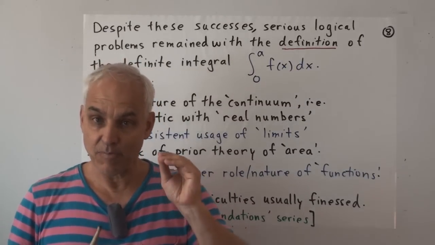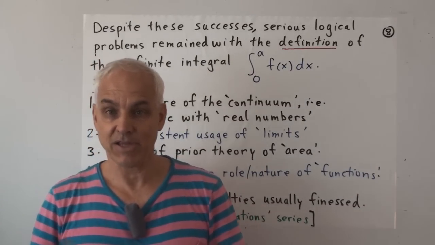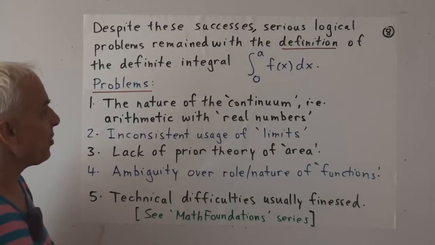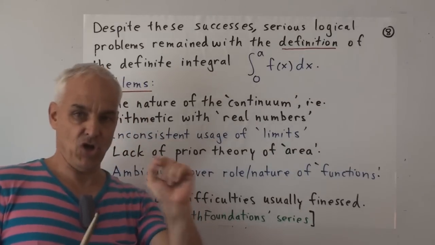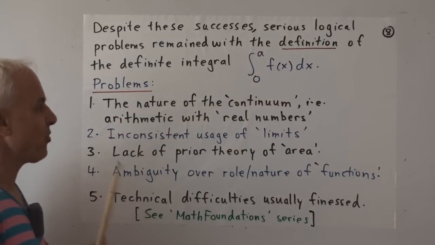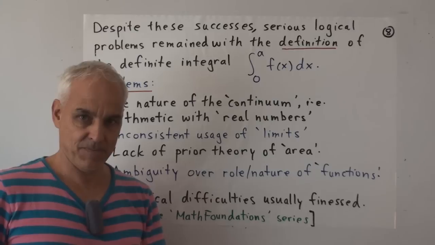Despite these very prominent successes of the 17th century in establishing Cavalieri's formula, there were still serious logical problems remaining with the definition of the integral. The actual question of what exactly does this thing actually mean?